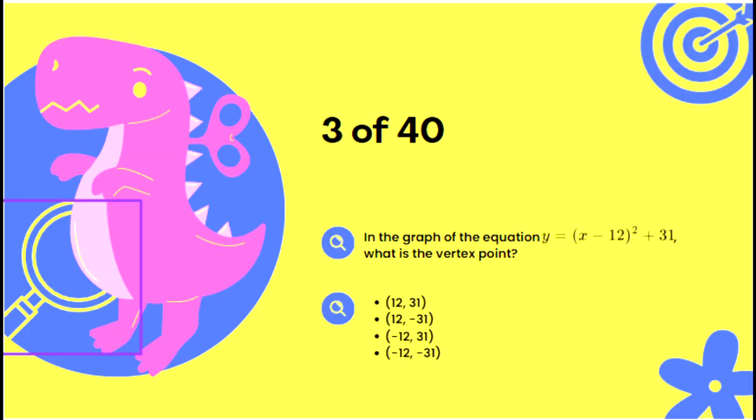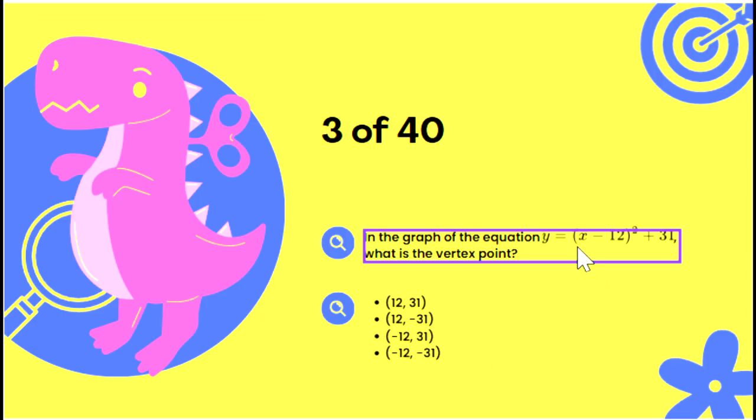Here's number 3. In the graph of the equation y equals x minus 12 squared plus 31, what is the vertex point? There are 2 ways you can solve this. You can go to GeoGebra, enter this equation, graph it, and see your vertex point.